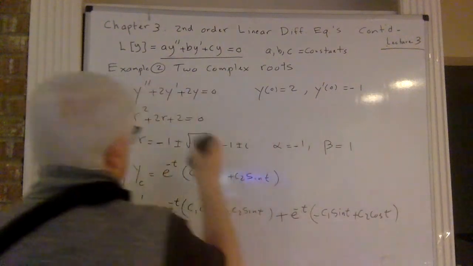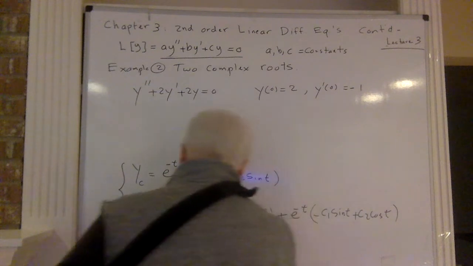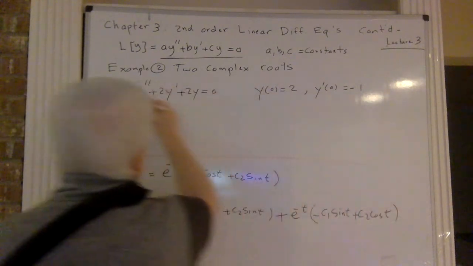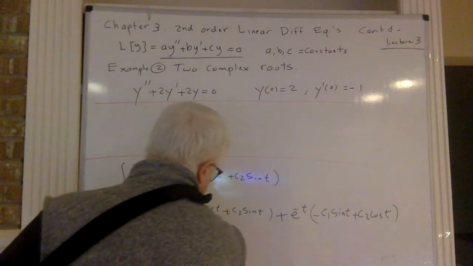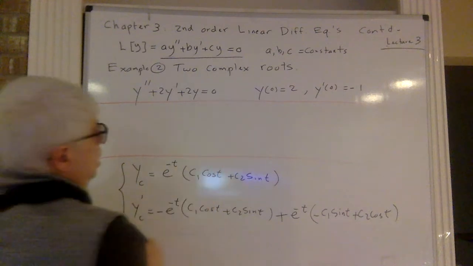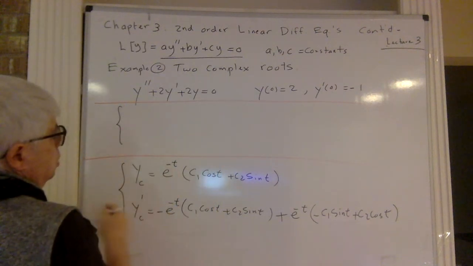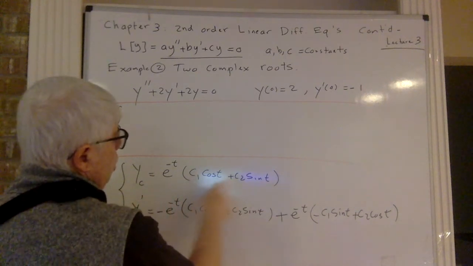Because I need this, and I need those two. So let me draw some lines here, and it's apply the initial conditions. y at 0 is 2, so this one will be e to the power 0 is 1, so cosine 0 is 1, sine 0 is 0.